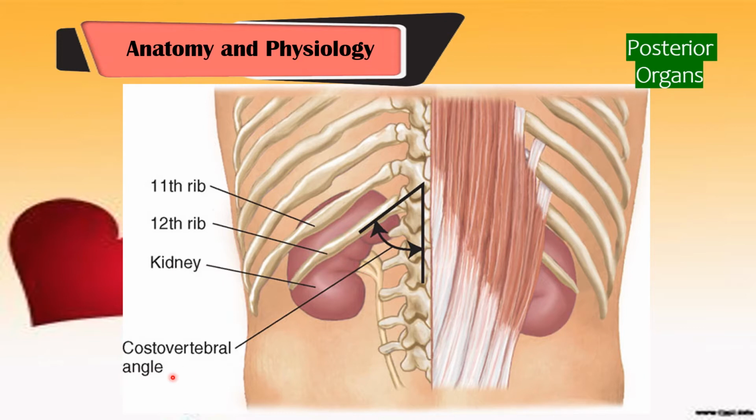Okay, the costovertebral angle is formed by the lower border of the 12th rib and the transverse process of the upper lumbar vertebrae. So this defines the region to assess for kidney tenderness or pain, also called costovertebral angle tenderness or CVAT. Okay.